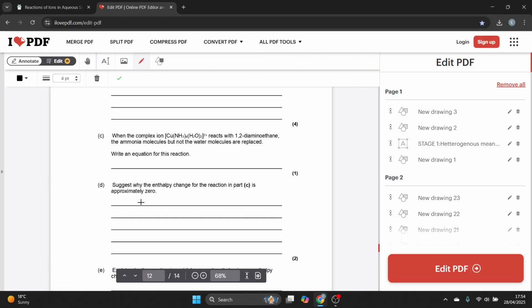Write an equation with a complex that reacts with 1,2-diaminoethane. Ammonia molecules, but not the water molecules, are replaced. So 1,2-diaminoethane. It tells me the ammonia molecules are replaced.